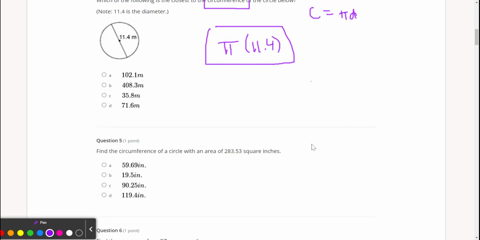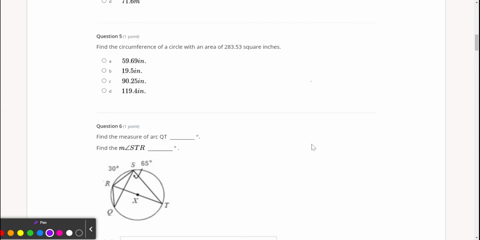Right? Is there something to find with the side too? So we don't know the page. Yes. You want to start with your area, find R, so you want to divide by pi and take the square root. And once you have R, substitute that into circumference.